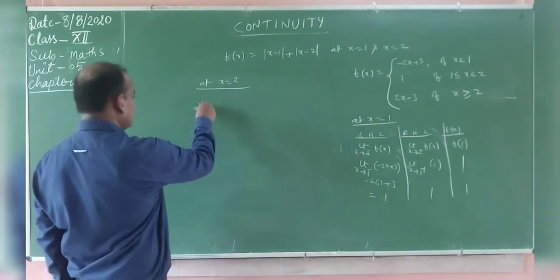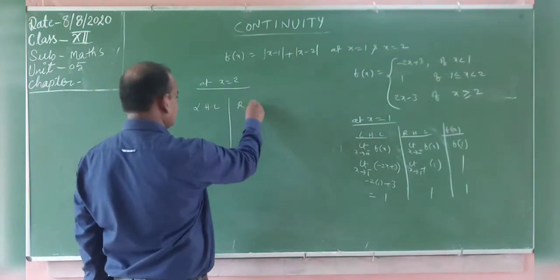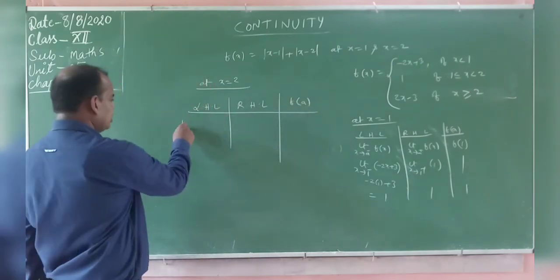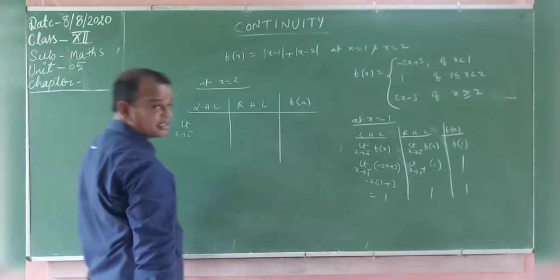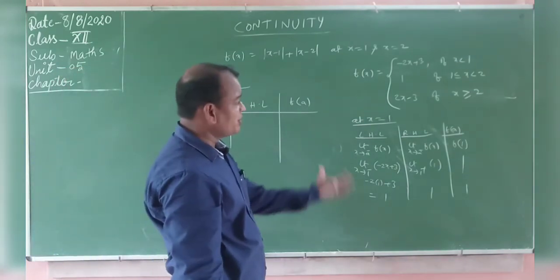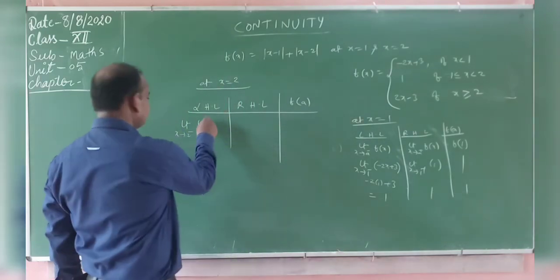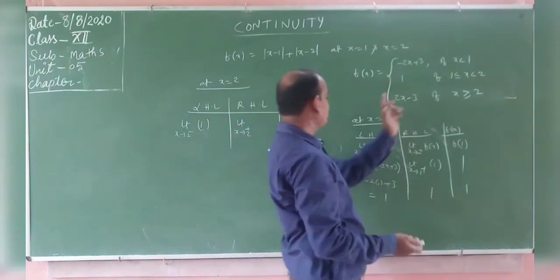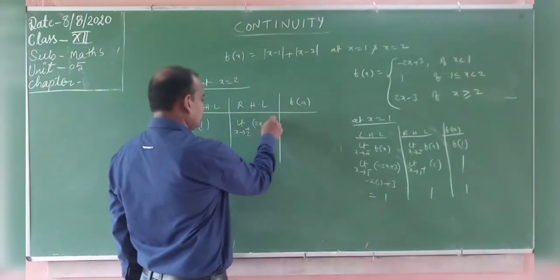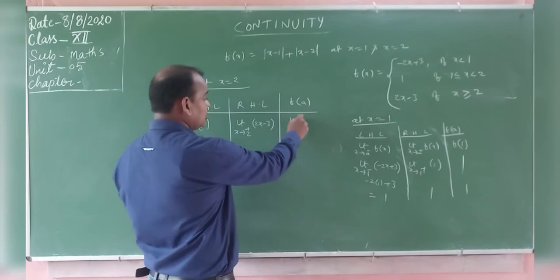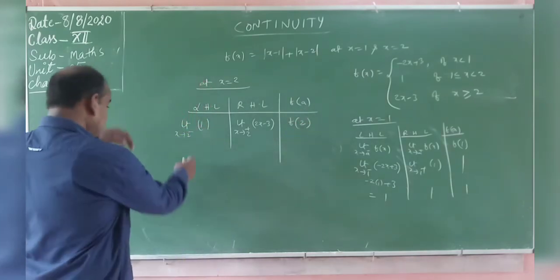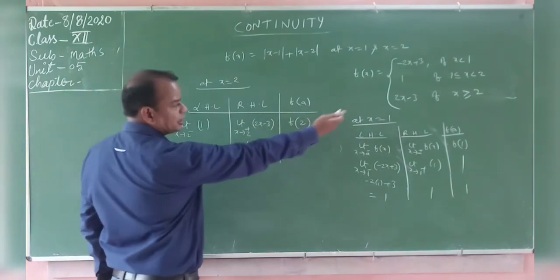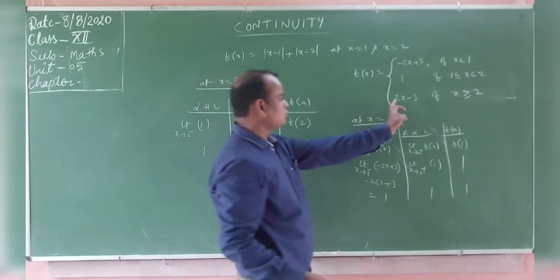Now say LHL, RHL and function value. What is the formula? Limit x tends to 2 minus f of x. Directly write: 2 minus means less than 2. What is that one? 1. Limit x tends to 2 plus, more than 2, means 2x minus 3. Now exactly function value, that is f of 2. Limit of constant 1 at 2 is 1.